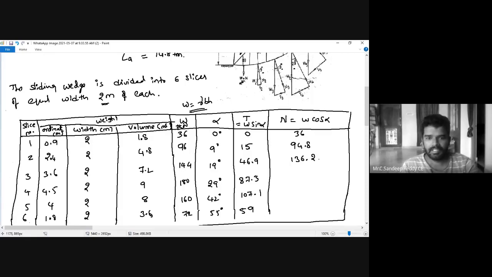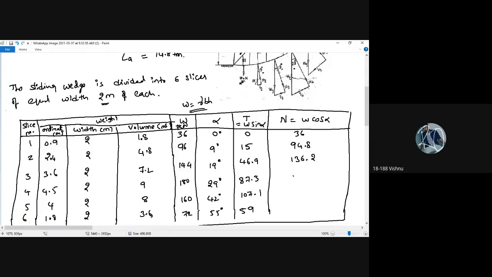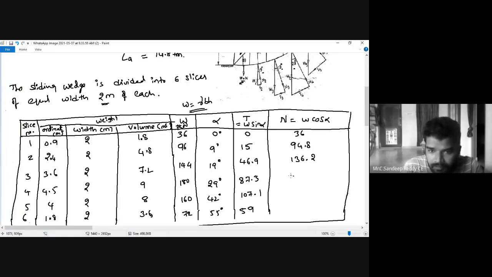Then 180 into cos 29 degrees. 157.4. Next, the fifth one, 160 into cos 42 degrees.